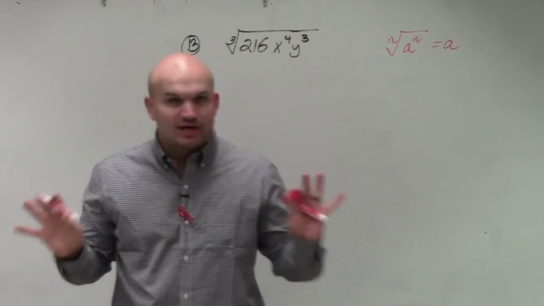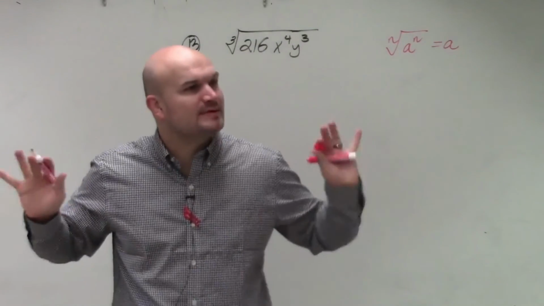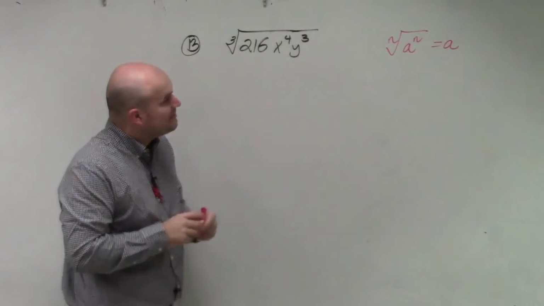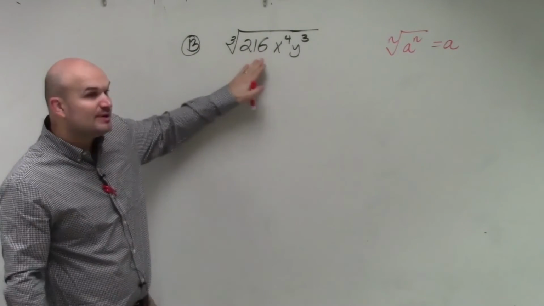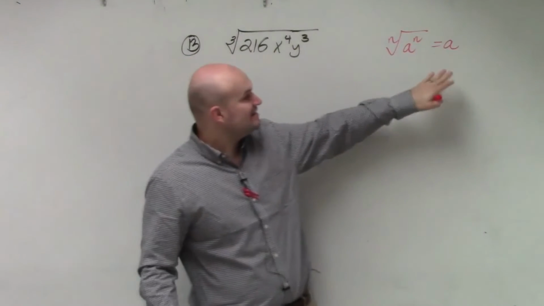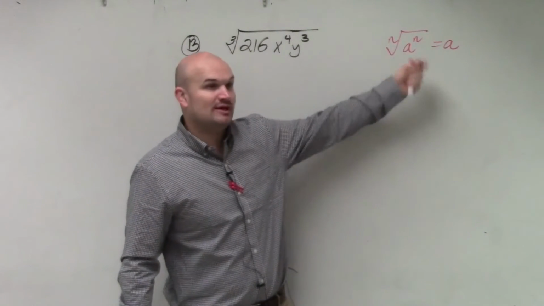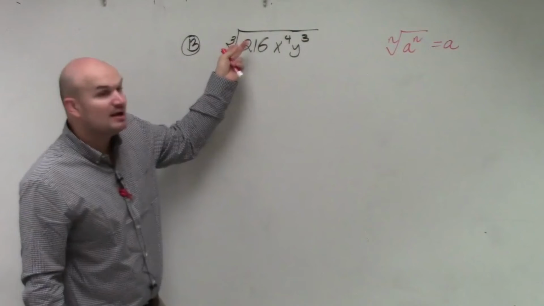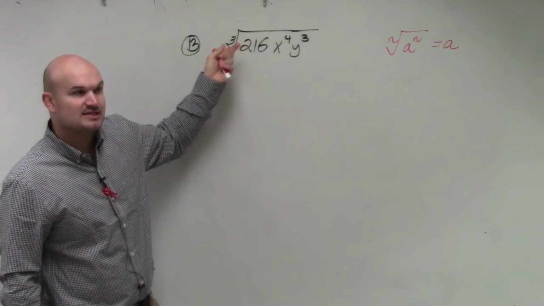That was our main important thing when we talked about simplifying. So all we want to do is say, can we rewrite this as exponents, where a is your base and n is the same power as your index, which in this case is 3.